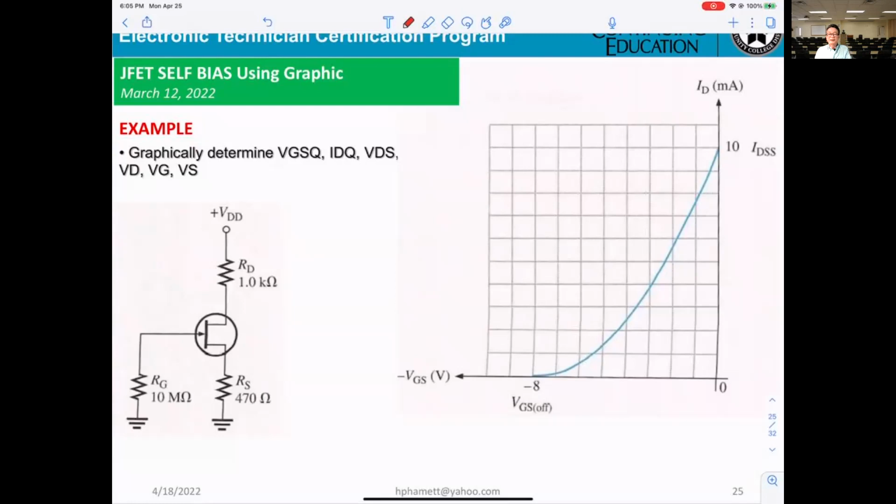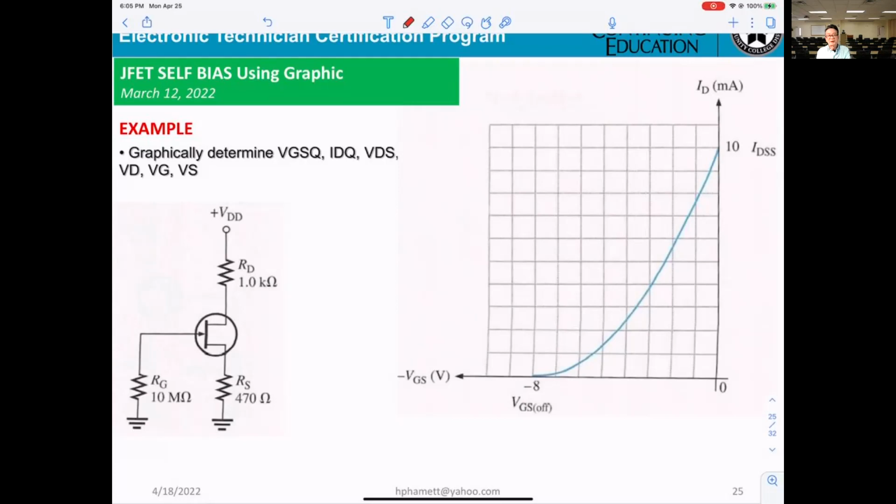You understand the VDS? That means the voltage from the drain to the source. That will be equal to VD minus VS. And if you get the ID, it's easy for you to calculate the VD.